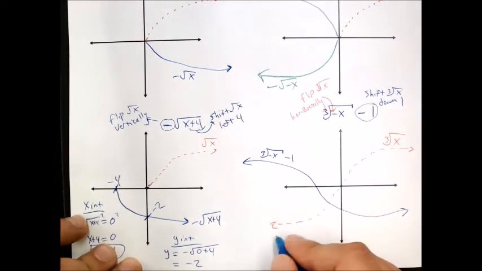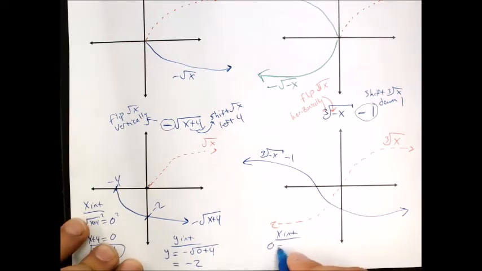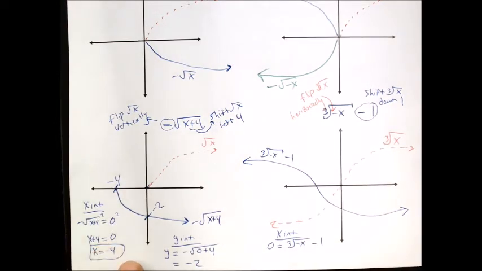All right, so let's do the x-intercept. For the x-intercept, you plug in y equals 0. So you do 0 equals cube root of minus x minus 1. If we're going to solve that equation for x, we want to isolate x, right? So we're going to add the 1 to the other side.